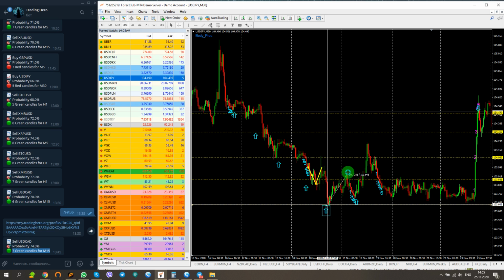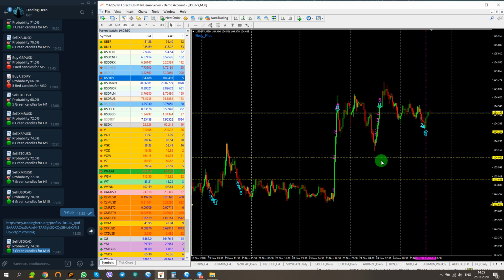Then even a small movement will be enough to make a profit. So this is the way we can turn a losing trade into a profitable trade. But to use this method, you should also know the instrument that you are trading. You should also know the volatility.